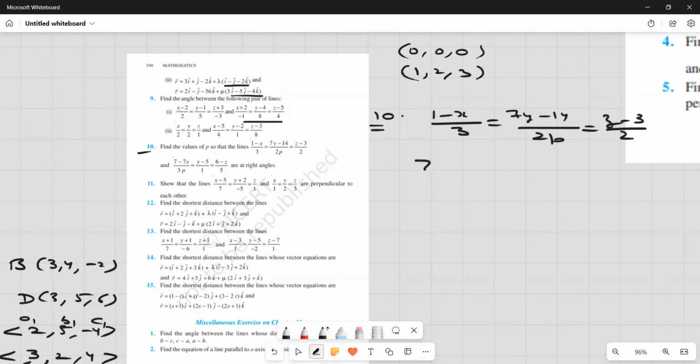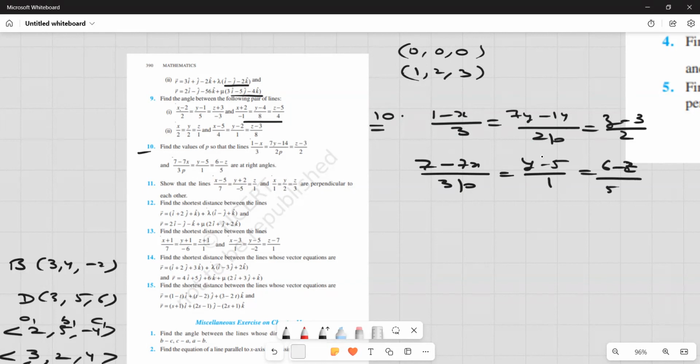And here it is 7 minus 7x by 3p, y minus 5 by 1, 6 minus z by 5. So in this type of question, it's compulsory to make x, y, z as plus 1 coefficient.